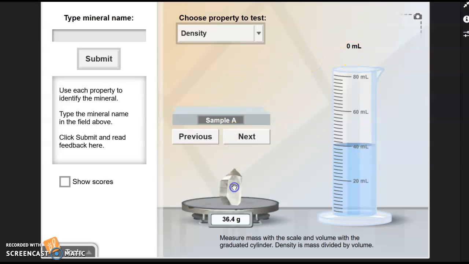Now, if I put this down here to see what its mass is, it's 36.4 grams.